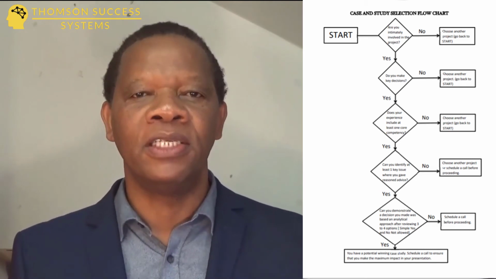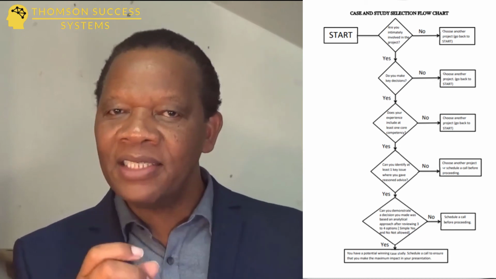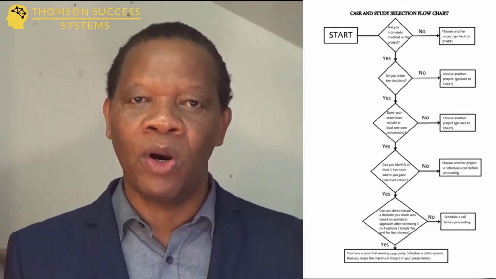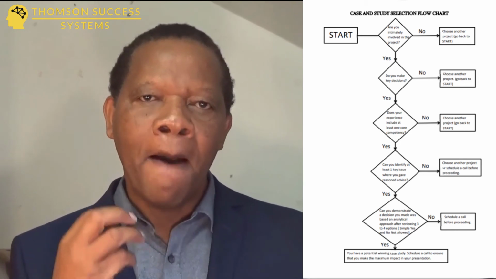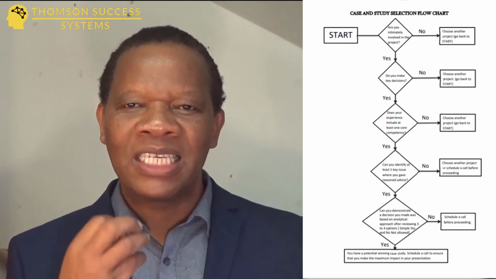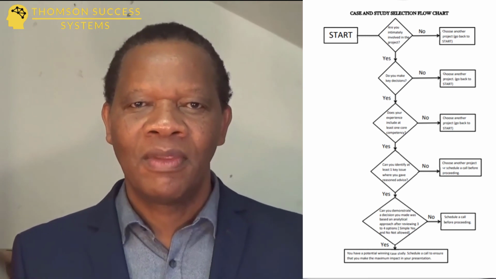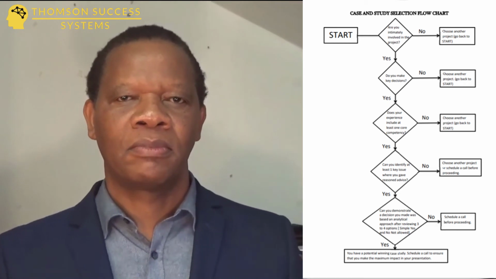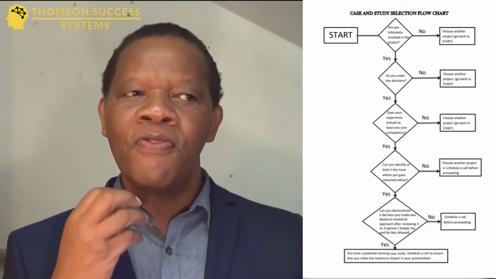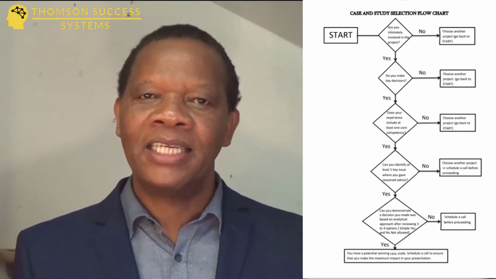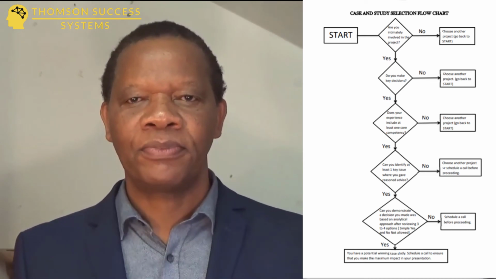And before you proceed, I would suggest that you get in touch with me so that we can review it and make sure you make that maximum impact so that you satisfy the assessors and qualify to be a chartered surveyor. So that is the case study selection flowchart.